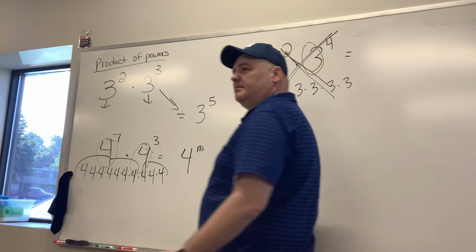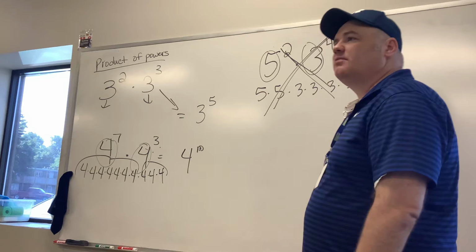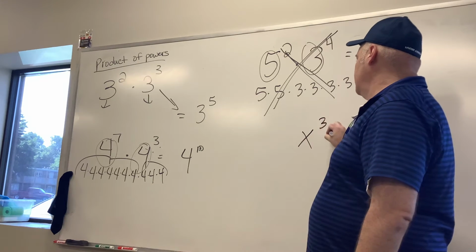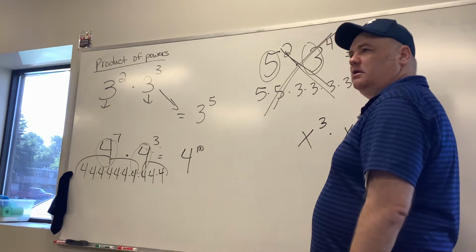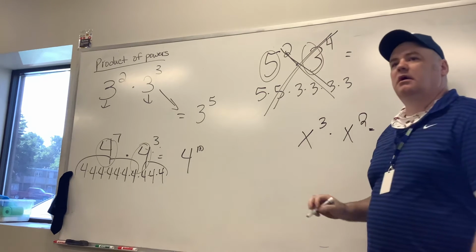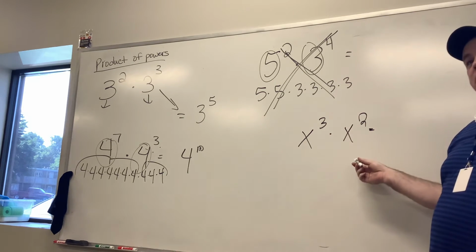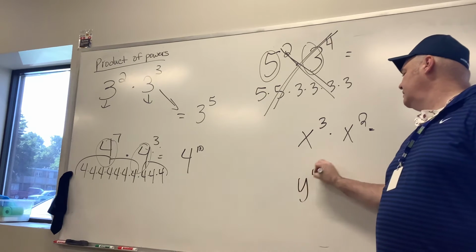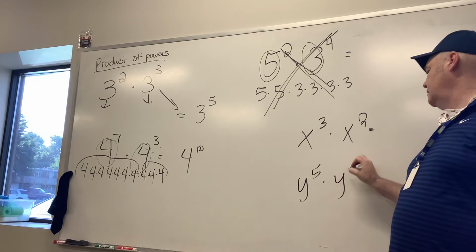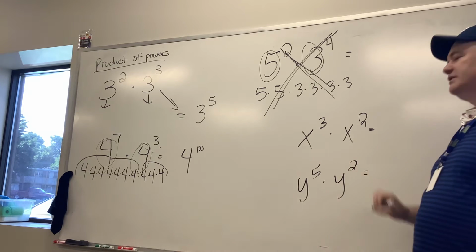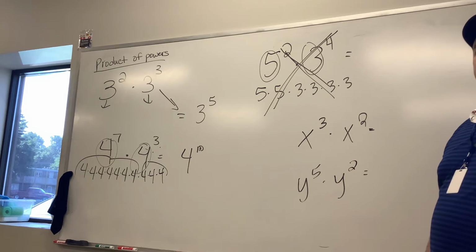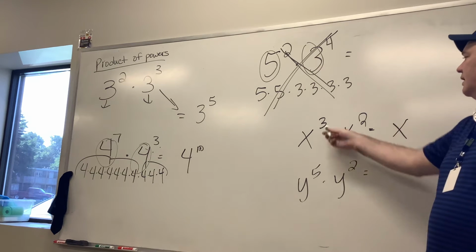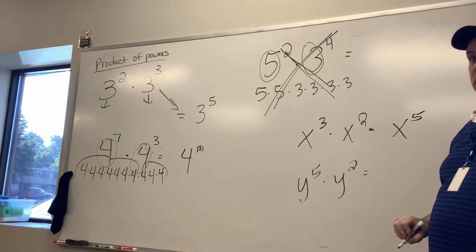Now, where this comes into play a lot more often later on is when we're dealing with letters. So like x to the 3rd times x squared, or even y's, like y to the 5th times y squared. Same thing: keep your base the same, x, then you add your exponents, 5.